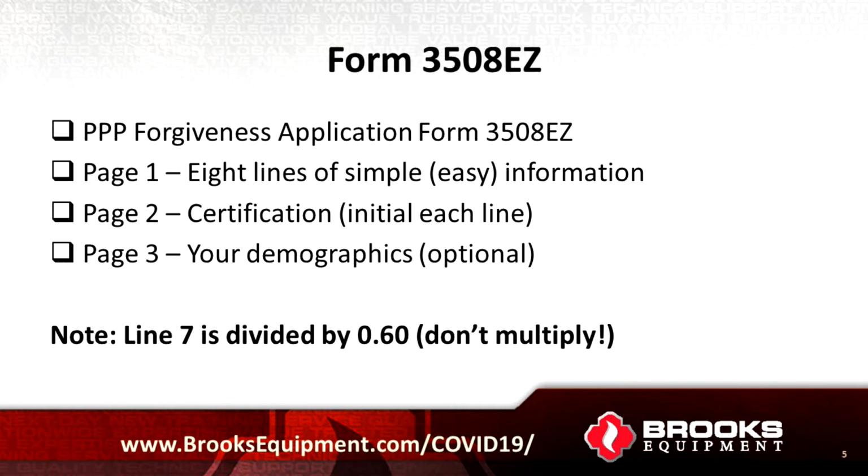Page 3 is a form that provides the SBA with your demographics. Page 1 and 2 are submitted to your bank. Page 3 is optional. A quick tip, a common mistake on line 7 on the form is to multiply. Remember, you need to divide by 0.60. Again, remember to divide by 0.60.